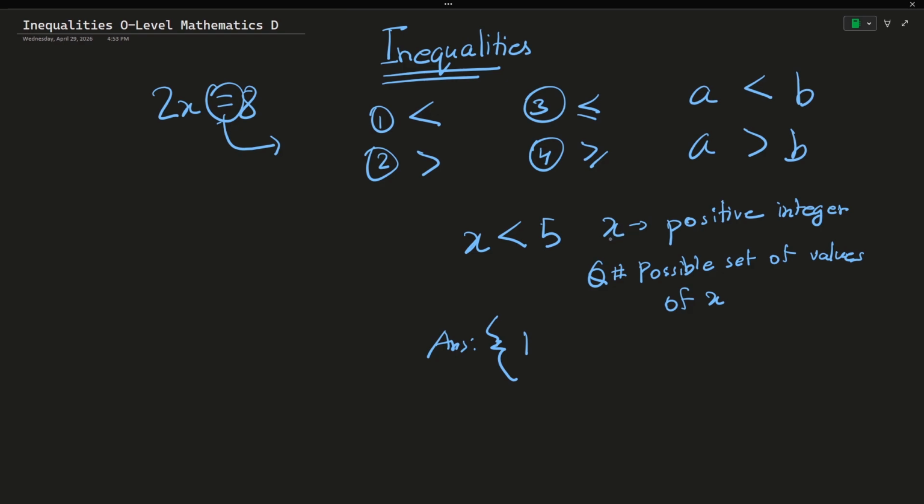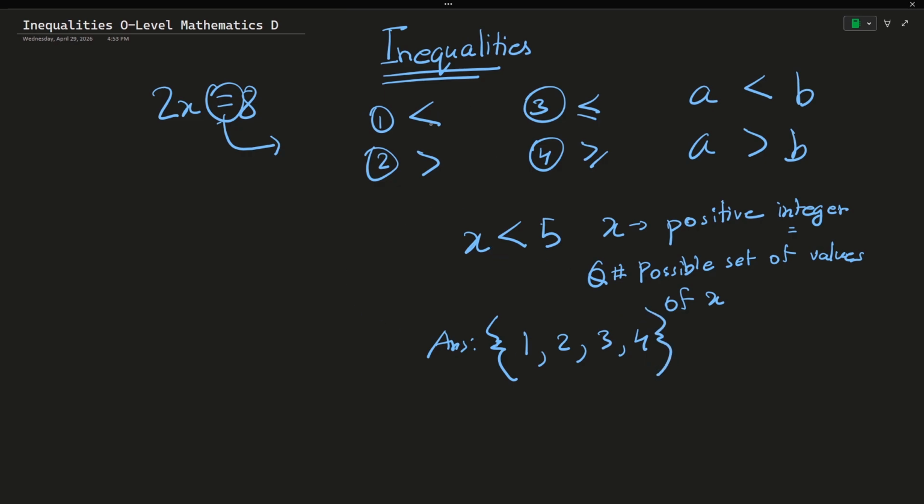Oh, by the way, one more very important thing to say is that 0 is not a positive number. It is also not a negative number. 0 is just an integer. Okay, so our possible solutions for x would be 1, 2, 3, 4. Now be careful. Our inequality sign, which is less than, states that x is less than 5. So that means that 5 is not part of the solution.